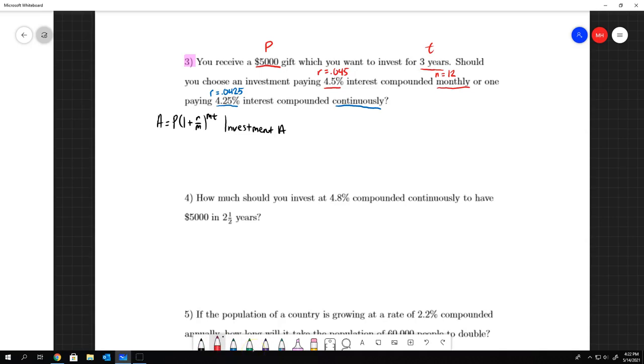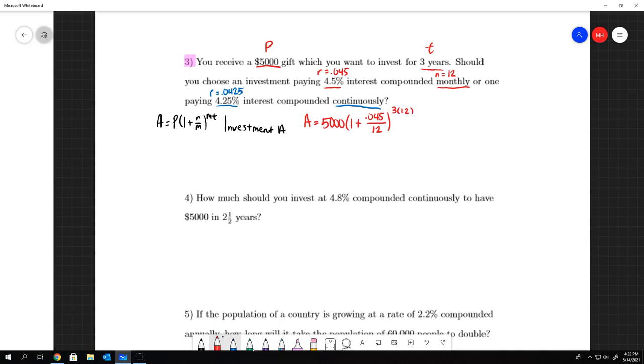I'm going to go ahead and plug it in. So we say A equals P, which is 5,000, times 1 plus our rate for investment A is 0.045 over 12, because it's compounded monthly, raised to the 3 times 12. So this is the setup for investment A.